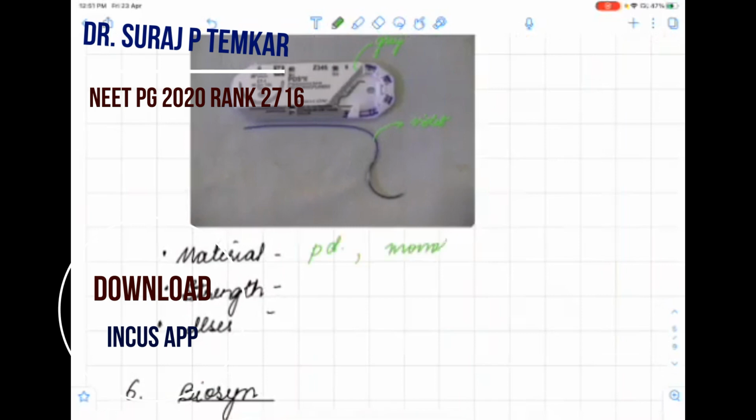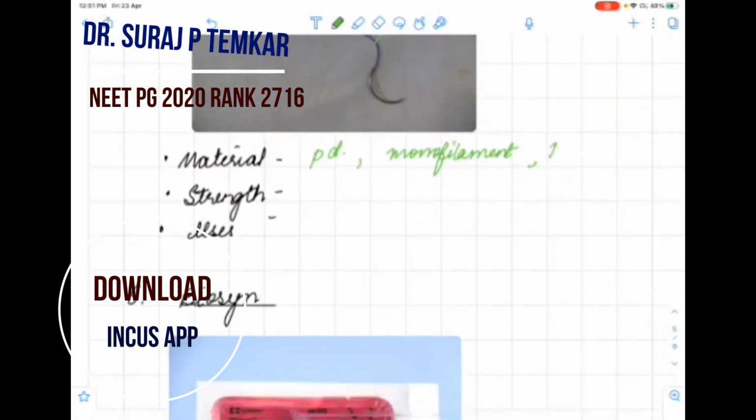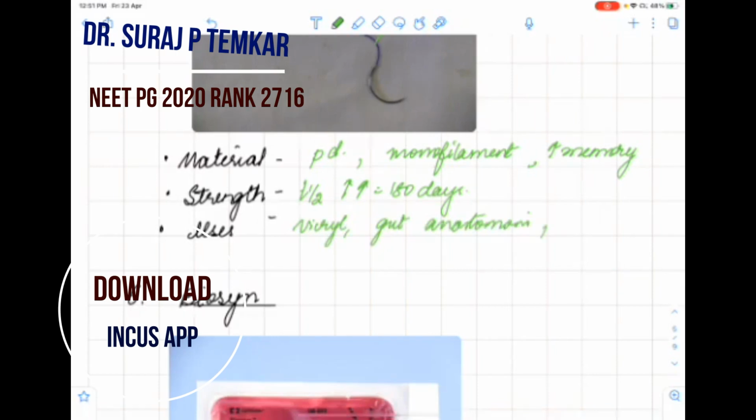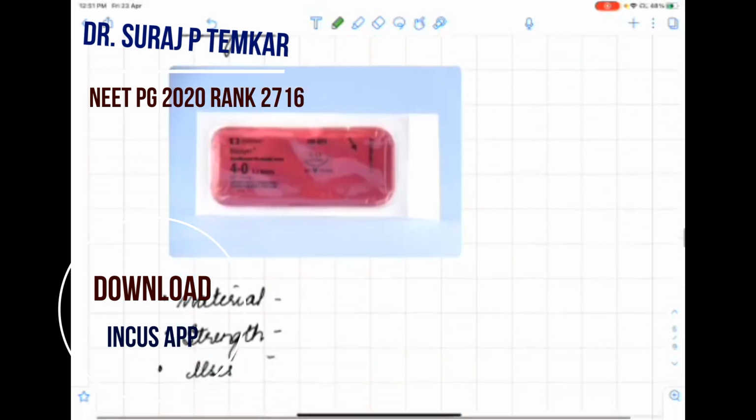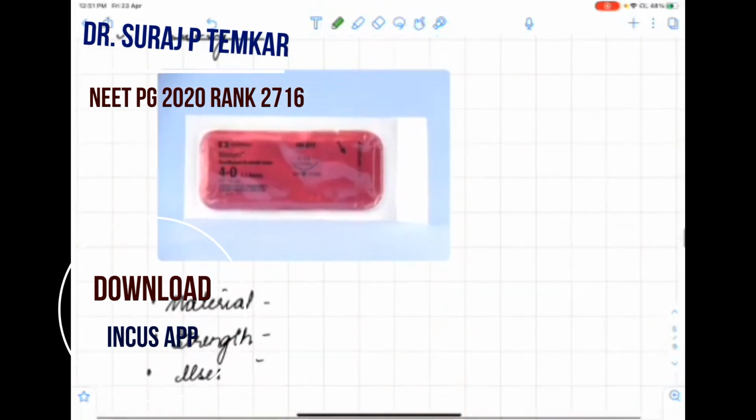It's a monofilament, and it has very high memory. The strength remains, that T half or the duration for which it stays is very high. That's 180 days, and it's used in uses similar to Vicryl for gut anastomosis, biliary surgeries, etc.